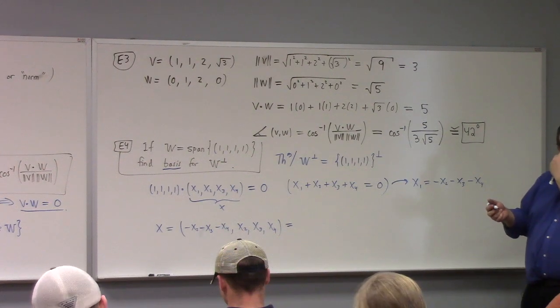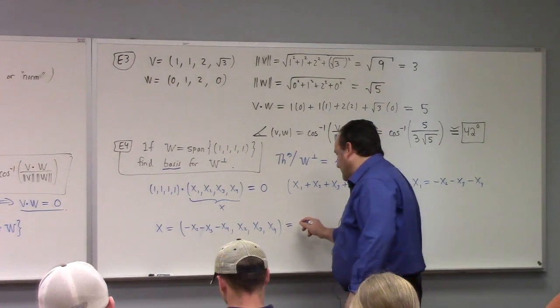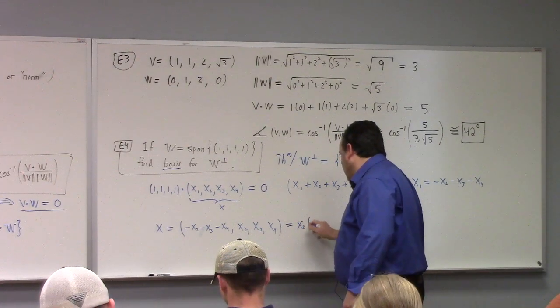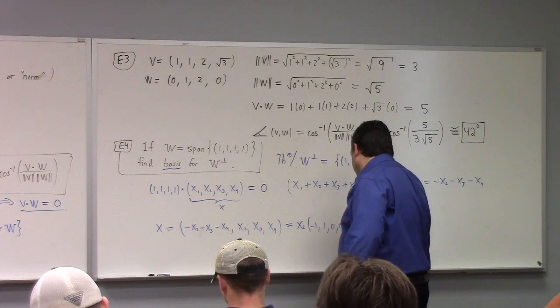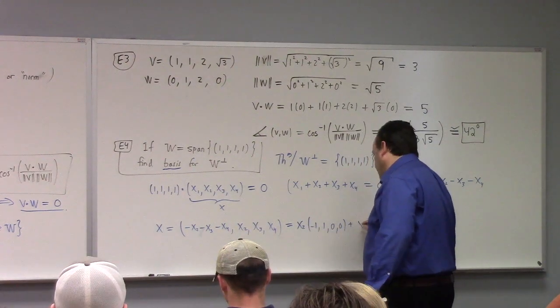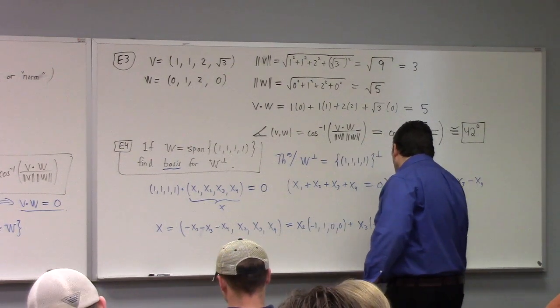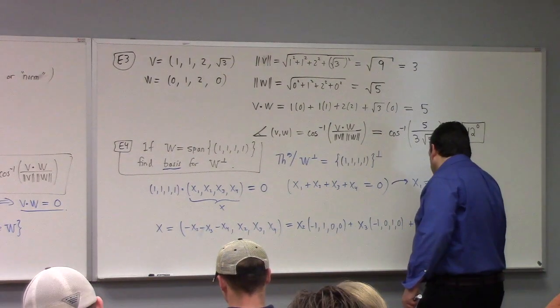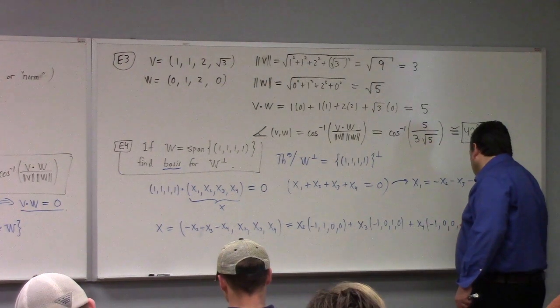To find a basis, here's the calculation. Factor out x2, and we start with minus 1, 1, 0, 0, plus x3 times minus 1, 0, 1, 0, plus x4 times minus 1, 0, 0, 1.